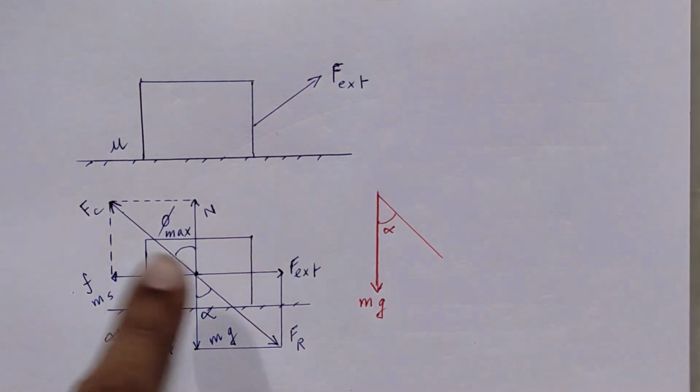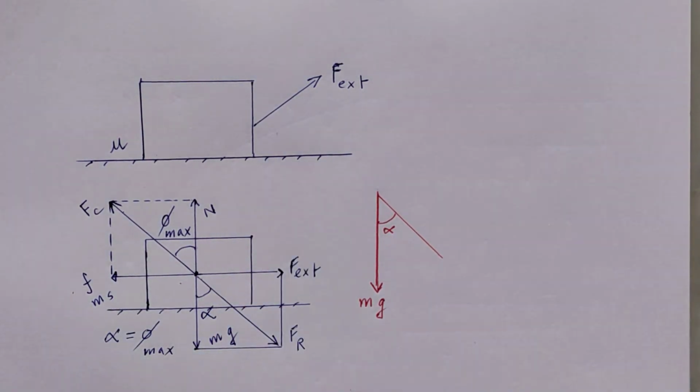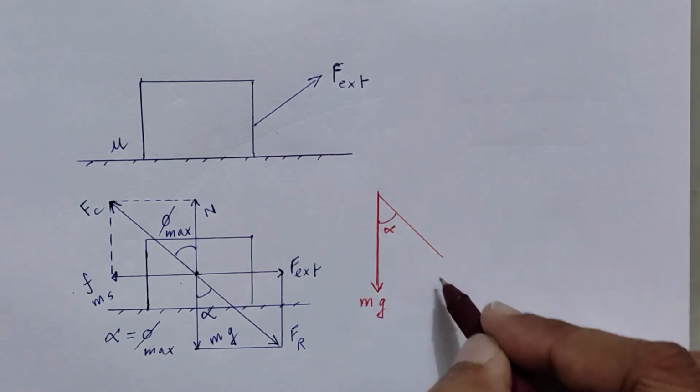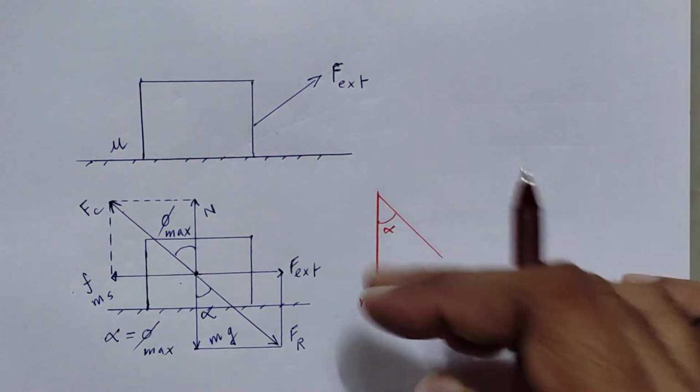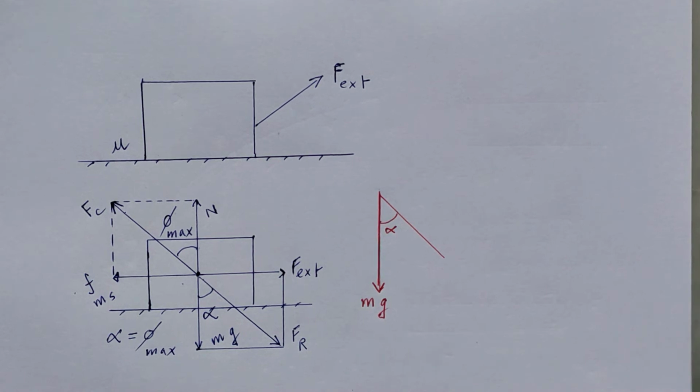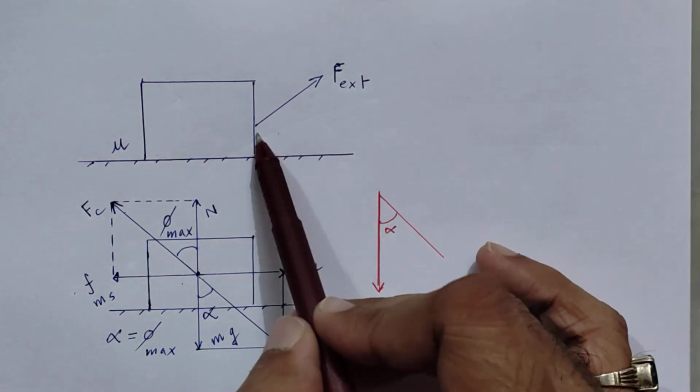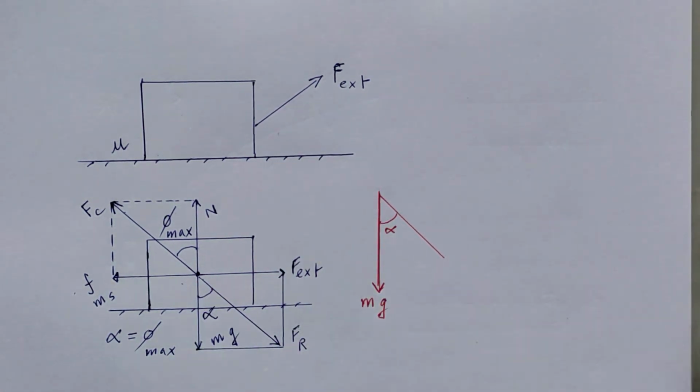Now we want to minimize this external force. The vector sum of mg and F external is this Fr. I know this will be the direction of Fr, the resultant force, but this is my mg. So the external force is not necessarily a horizontal line.